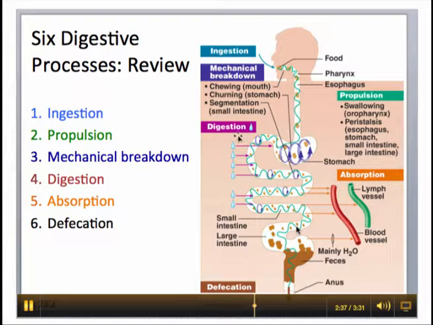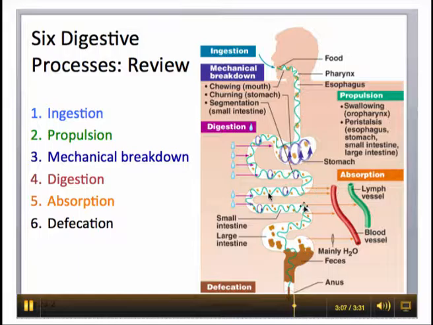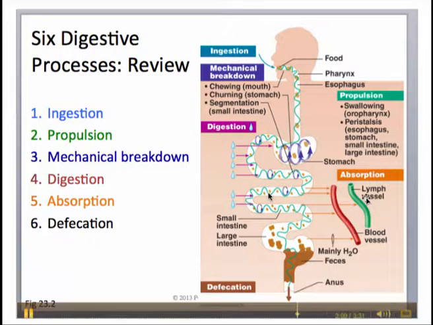This all involves water, so these water droplets here. Remember that the breakdown of large products into smaller ones is called hydrolysis, so adding water to break things down. Then as that food moves through the small intestine here, there is some segmentation, some peristalsis to move that food through, a little bit of digestion from pancreatic enzymes and bile, and then that absorption occurs into the blood vessel and also into the lymphatic vessel.